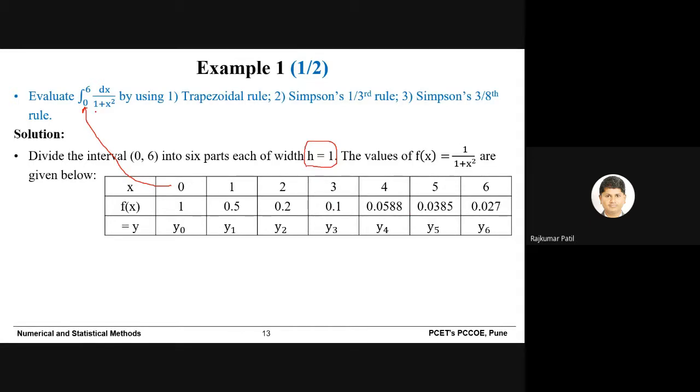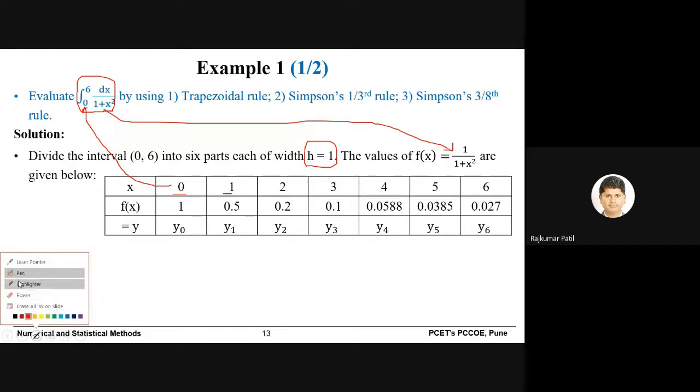Again, in this equation, the function f of x will be 1 upon 1 plus x square. So we have all the values of x, that is 0, 1, 2 and so on. And for each value of x, you can calculate f of x, that is the value of the function.